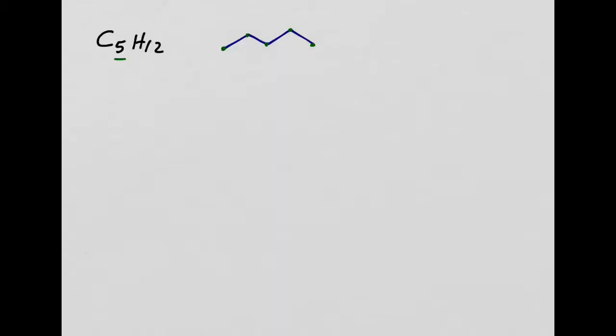If I give you 5 pieces of Lego, how many ways can you put that together? Not just one. If you ever played with Legos growing up, there are many different ways you can put the Lego pieces together. This is the same idea. If you have 5 carbon atoms and 12 hydrogens, this is a more straightforward way to put it together, but this is not the only way we can put it together.